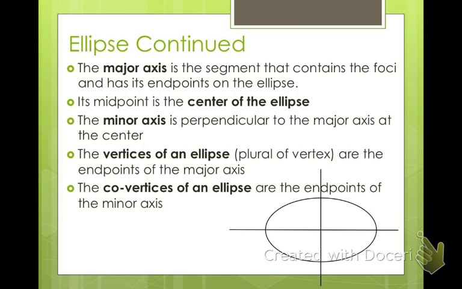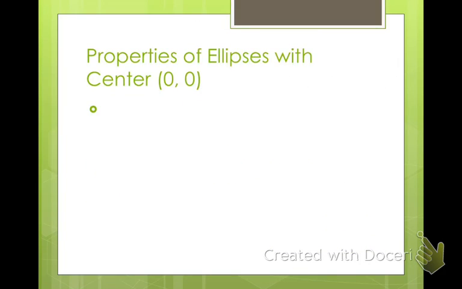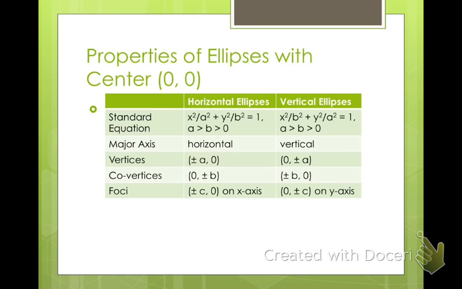Alright, so let's look at the properties of an ellipse with a center at 0, 0. So here are two equations that we need to learn. You don't need to know all of this stuff, so I'm going to point out what's important. So if you have a horizontal ellipse, horizontal goes this way, x squared over a squared plus y squared over b squared equals 1.